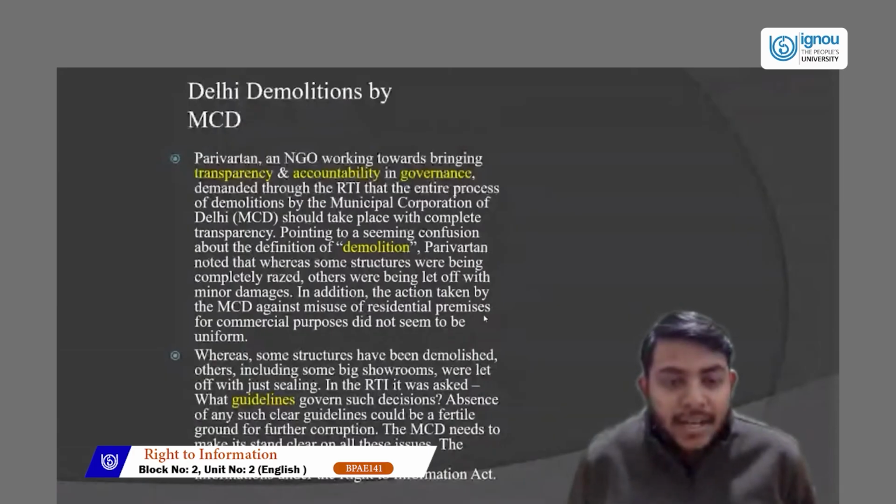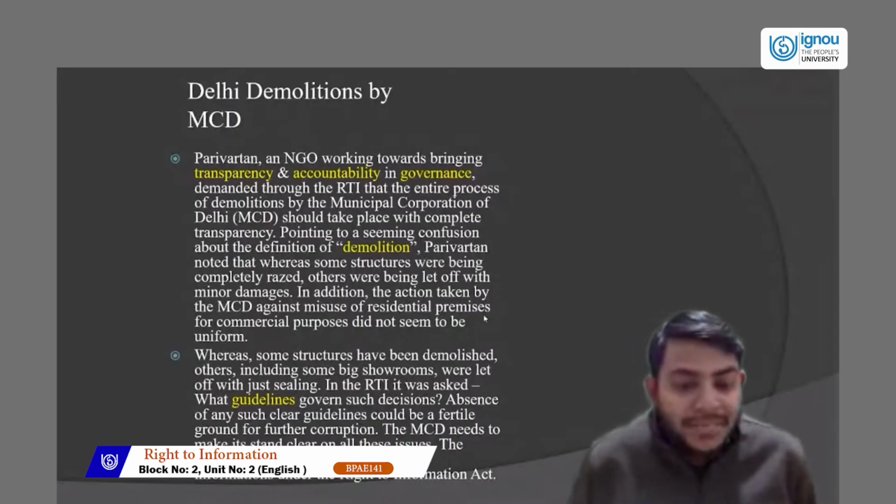And in addition, the action that was being taken against misuse of residential premises for commercial purposes did not seem to be uniform. Whereas some structures have been demolished, others, including some big showrooms, were let off with just sealing.